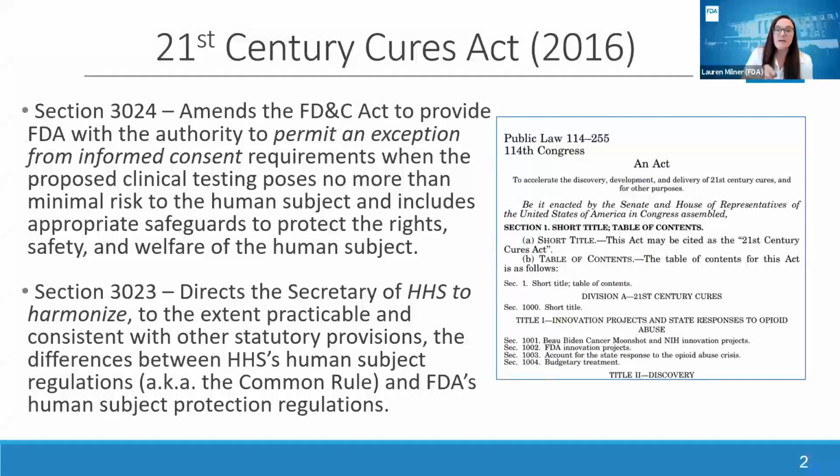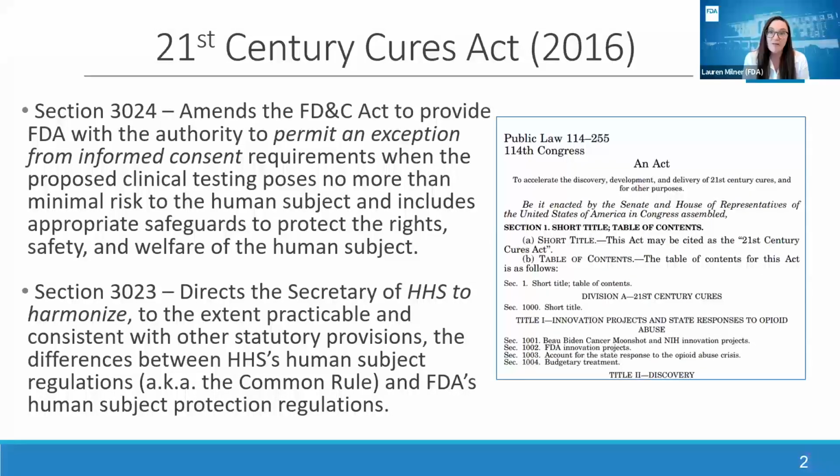So how did this all come about? I'm sure many of you know, but just to give you a quick background, I think almost all of you know that the common rule has contained provisions that permit IRBs to waive or alter informed consent for certain minimal risk investigations. And that's been in place for quite a while, since 1991.